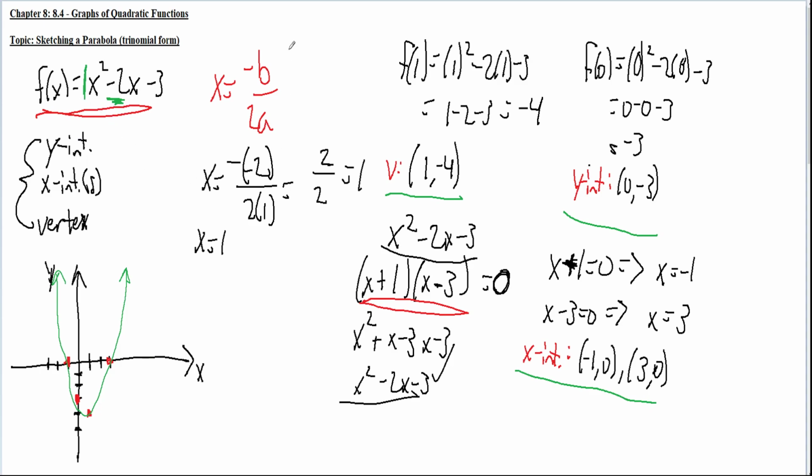You want to remember that the 3 bits of information that you want to look for are the y-intercept, the x-intercepts, and the vertex, okay? And once you've done that, you'll end up with at least, or I guess at maximum, 4 points. And then from there, you can graph or plot each of those points, and then you can sketch your line.